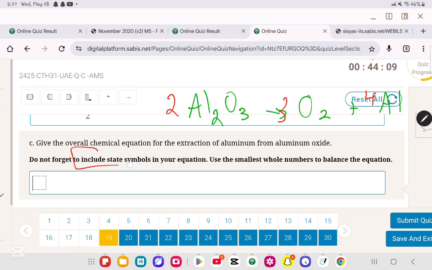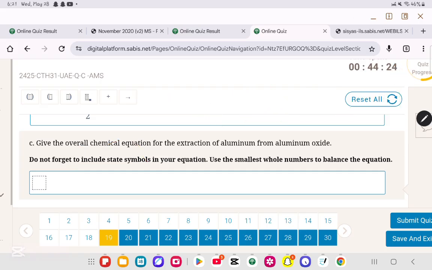And we need to include the state symbols in this case. So, aluminum oxide is molten, meaning that it is liquid. Oxygen is a gas, so it's going to be g. And the molten aluminum is going to be a liquid.